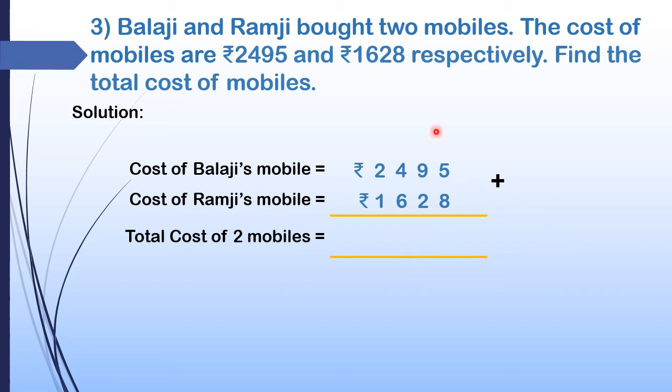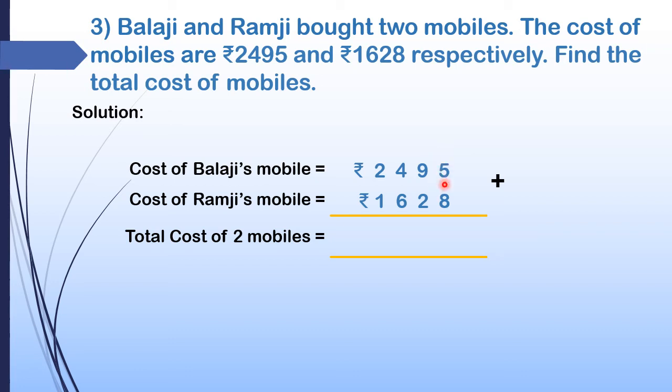Okay. We can add without mentioning place values like ones, tens, 100, 1000. We can add without mentioning place values, even without a table. But we should add carefully. We should start from one's place value, isn't it? Even though we didn't mention that place value, we should start from one's place value.